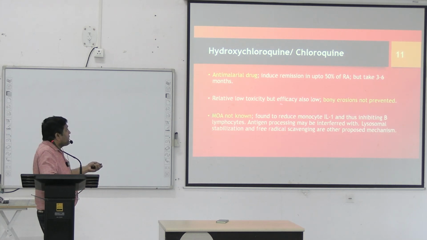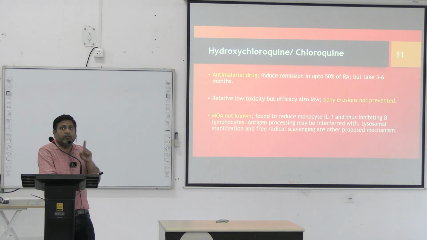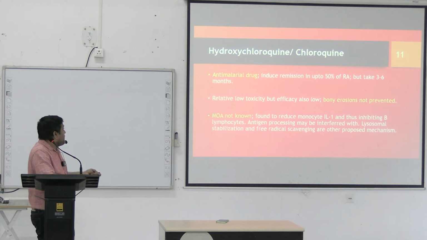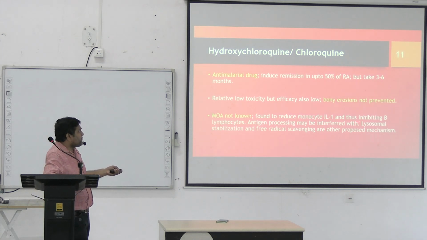Relatively low toxicity, but efficacy also low, and it does not prevent bone erosion. Now, mechanism of action not known, found to reduce monocyte IL-1 and thus inhibiting B lymphocyte.